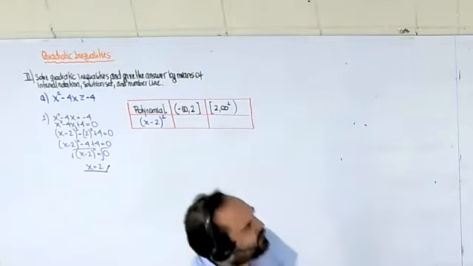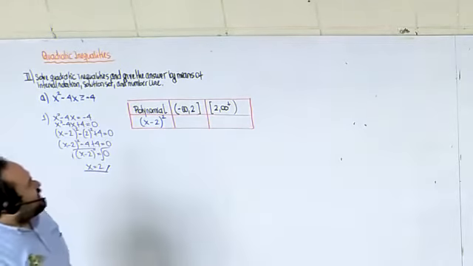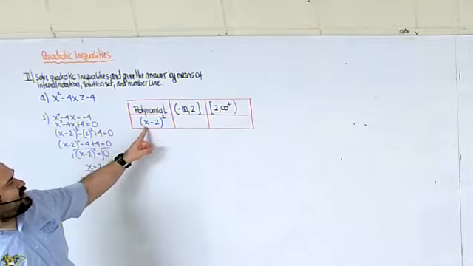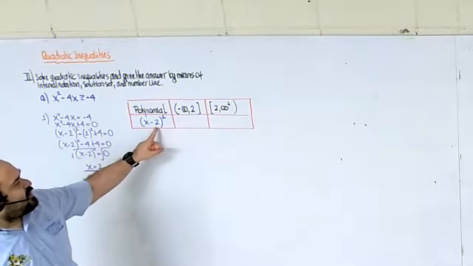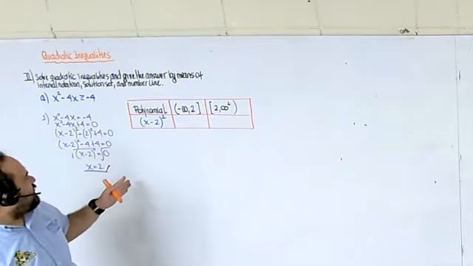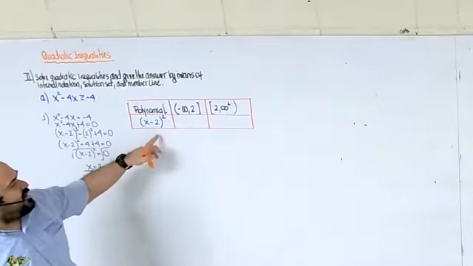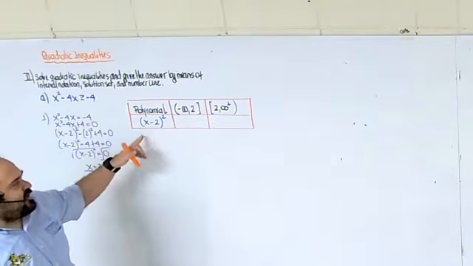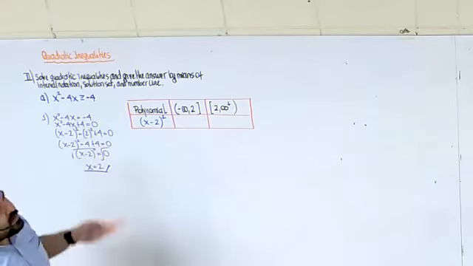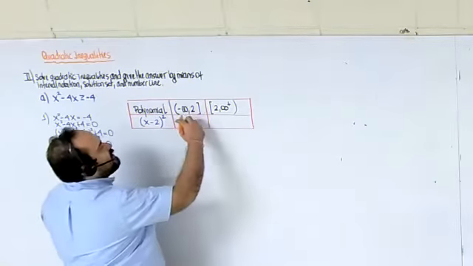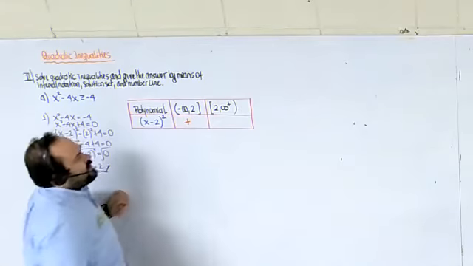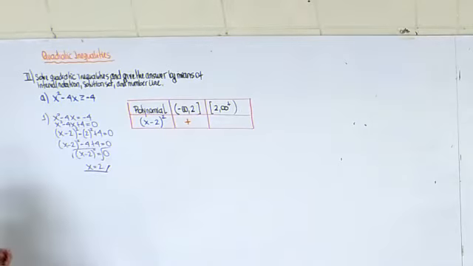Negative 3. Okay, perfect. If we choose -3, then -3 minus 2 is -1. And because we have -1 to the second power, that will be +1. So in this case, it will be positive.